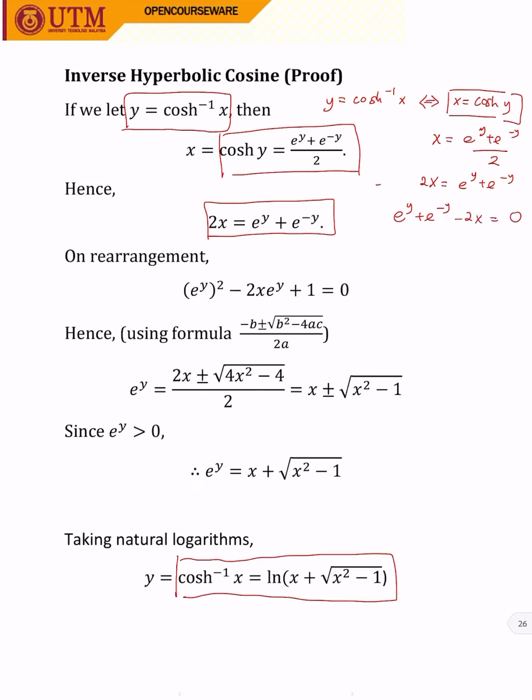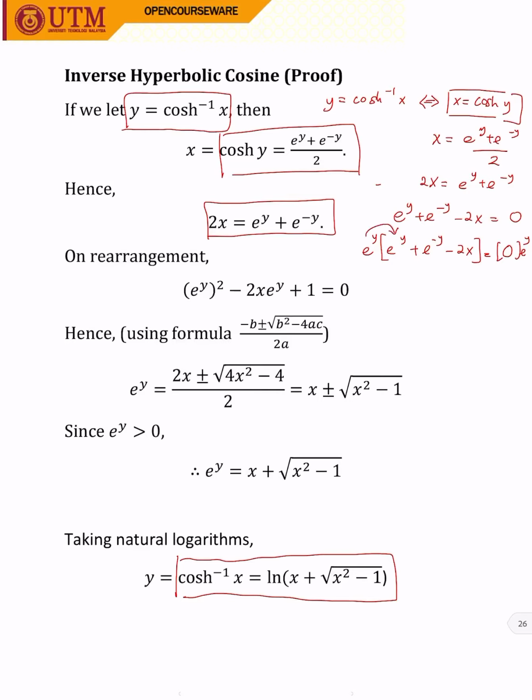And then this is the important part where we need to multiply the left hand side with e^y, and we need to multiply the right hand side also with e^y. That is the tricky part. After we multiply, we need to expand.